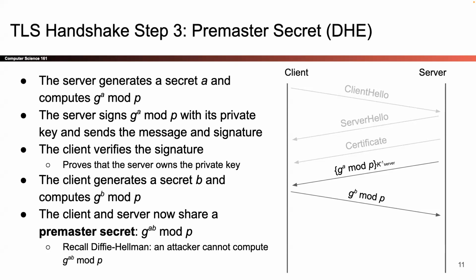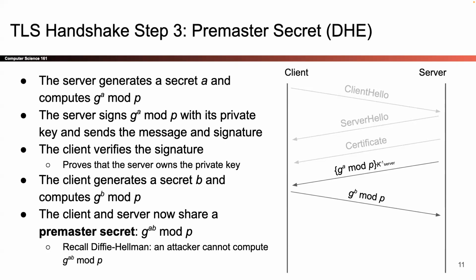And then I can use the public key to verify that the signature checks out. Why does this guarantee that the server is who they say they are? Because if the server was fake, they would not be able to generate the signature. And when I try to verify it, I'll be like, oh, wait, signature didn't check out. You are not the real server. So by signing this half of the Diffie-Hellman handshake, I'm guaranteeing that the server is who they claim to be and not an imposter.